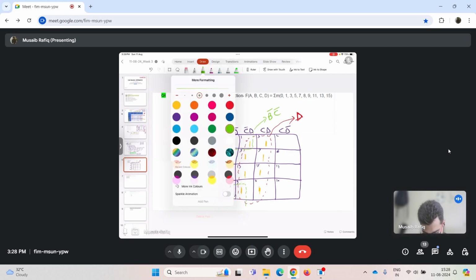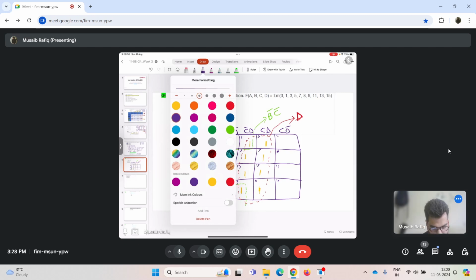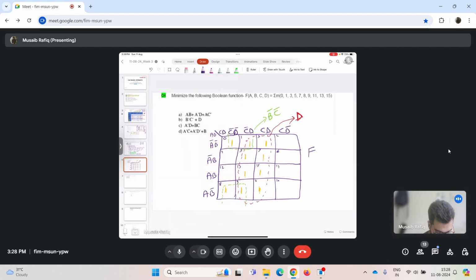So my final minimized expression will be F is equal to B bar, C bar, that is this, plus D, that is this. That is option B, as many of you have written it correctly.